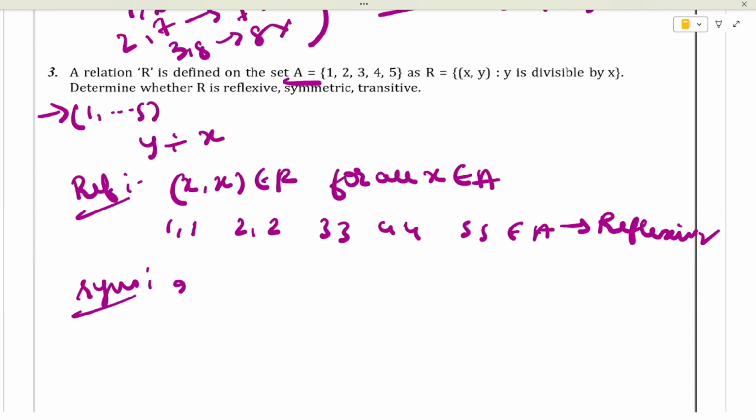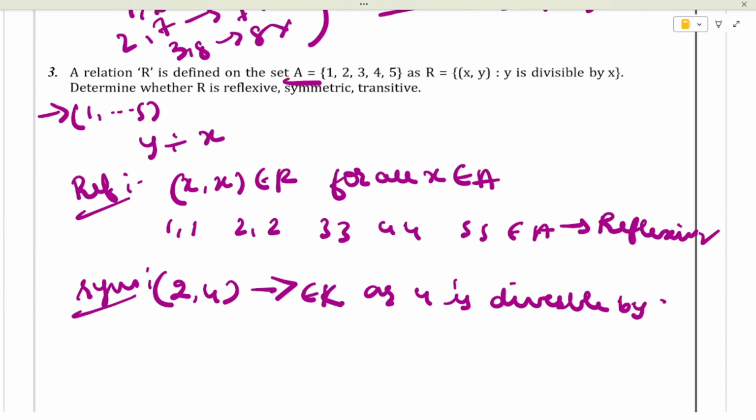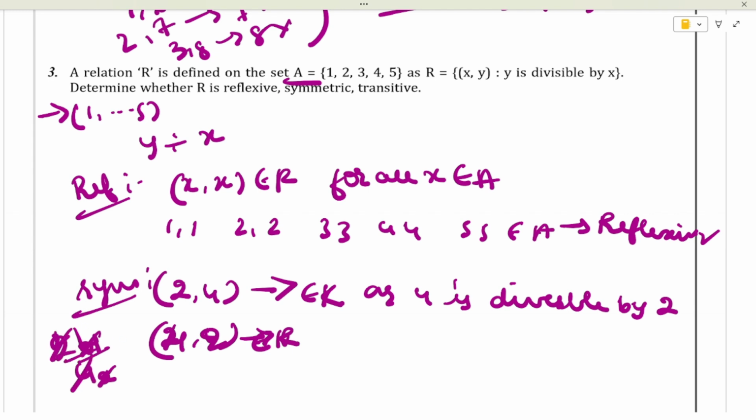If you take an example, 4 is divisible by 2, so 2 comma 4 belongs to R. If you take the reciprocal, that is 4 comma 2, it does not belong to R, because 2 is not divisible by 4. You cannot take 2 and 4 the other way, you will get some decimal value.